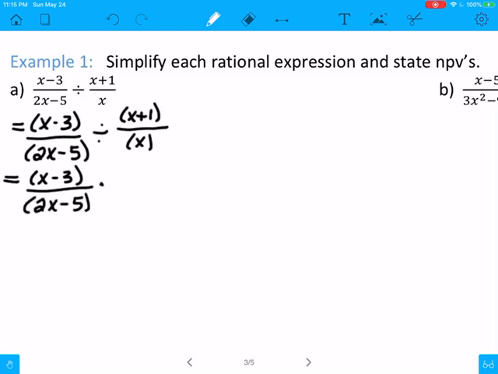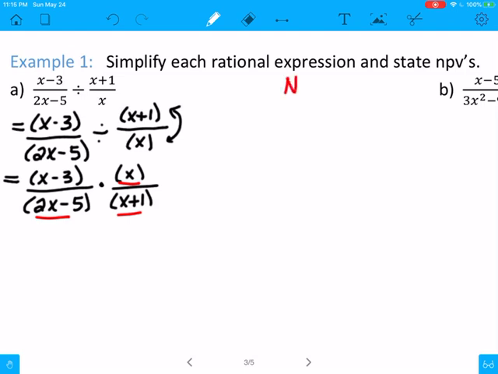Then I get a multiplication symbol instead, and these change, so I'm going to get x over x plus 1. And now I have to state NPVs for this and this, but also this, because it used to be in the denominator. So there's just that extra NPV in division.